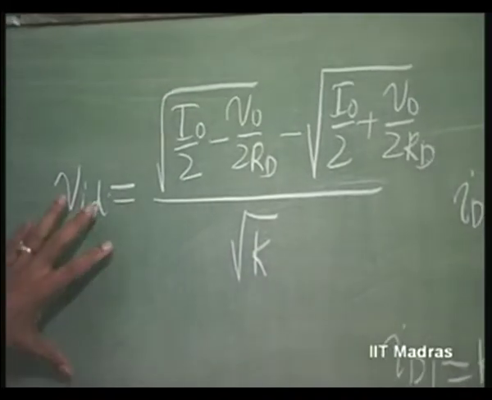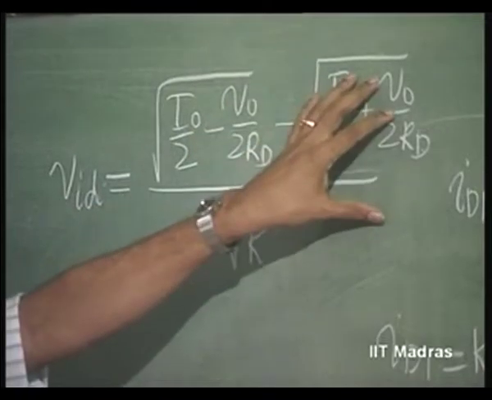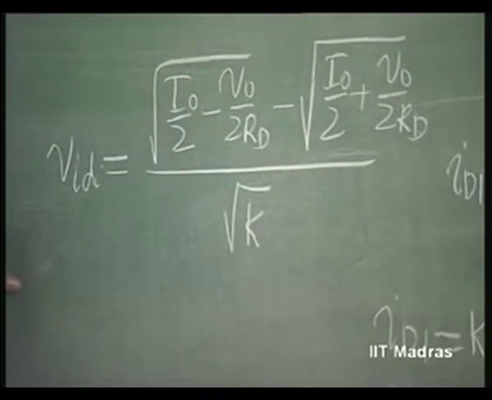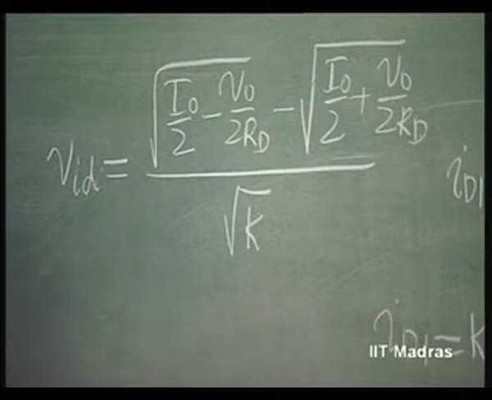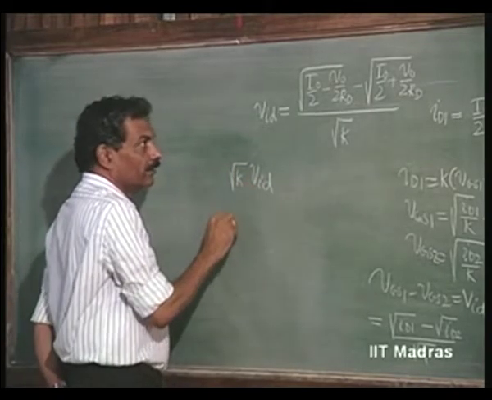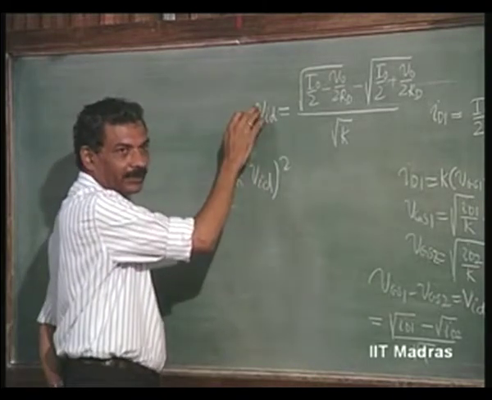So, this is giving you VID as a function of V naught, but we want V naught as a function of VID. So, we can actually now see that root K into VID whole square, I take this onto this side and square the whole thing.